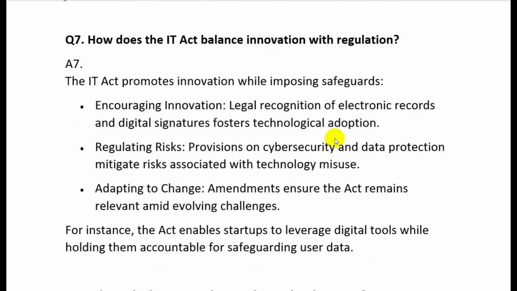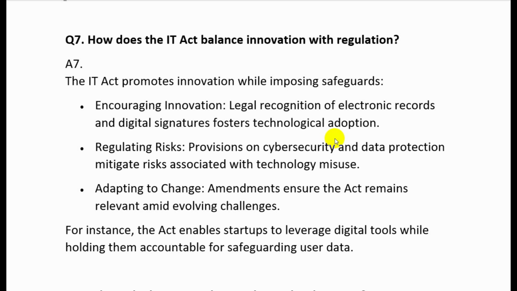How does the IT Act balance innovation with regulation? The IT Act promotes innovation while imposing safeguards. Encouraging innovation: legal recognition of electronic records and digital signatures fosters technological adoption. Regulating risks: provisions on cybersecurity and data protection mitigate risks associated with technology misuse.